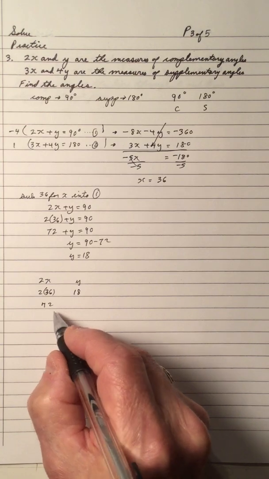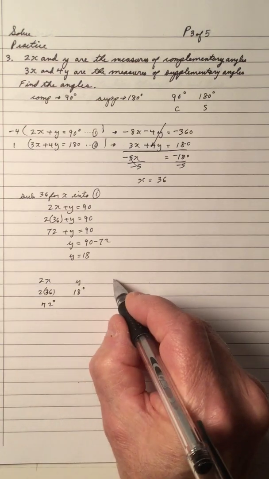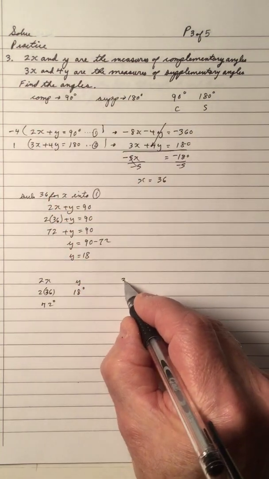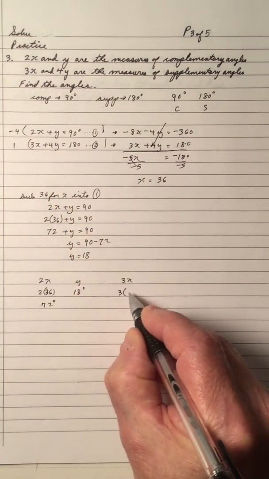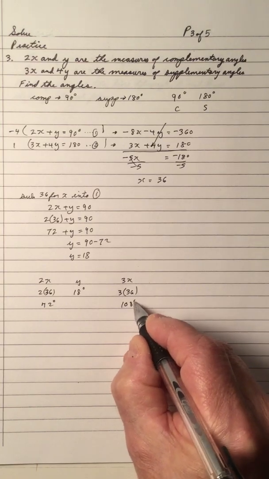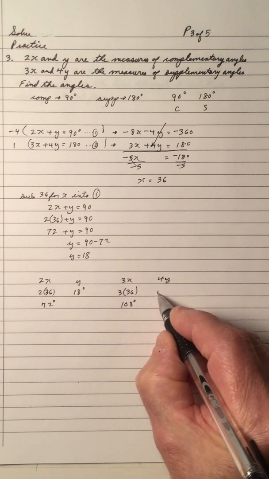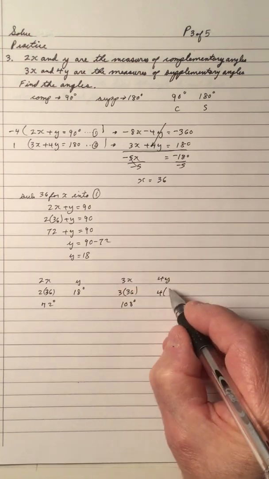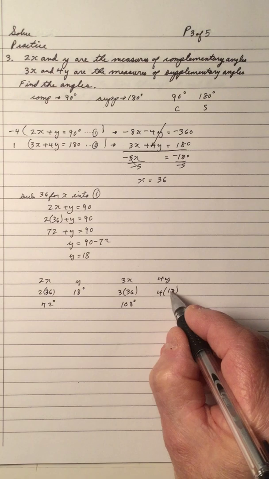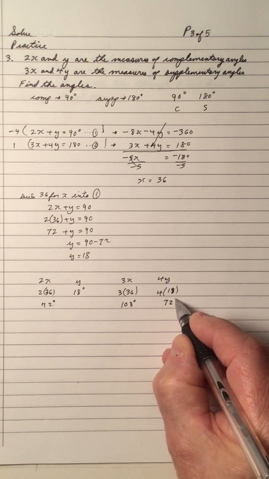So notice these two angles are the complementary angles. And so 3x, 3 times 36, which is 108, and 4y, and y is 18, and 4 times 18 is 72.